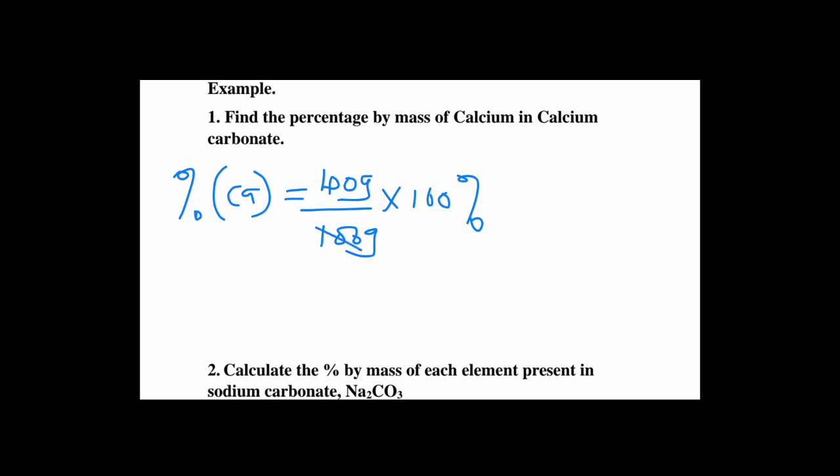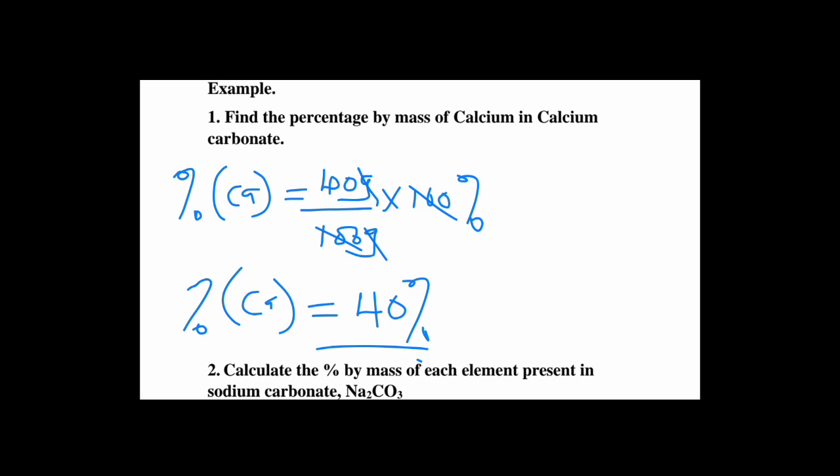The 100 and the 100 will go, and we remain with the percentage. The mass units will go, and we remain with 40. So we'll say 40 times 1%, it will be 40%. So the percentage by mass of calcium in calcium carbonate is 40%. This is the answer.